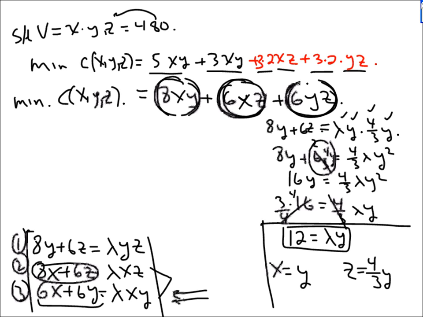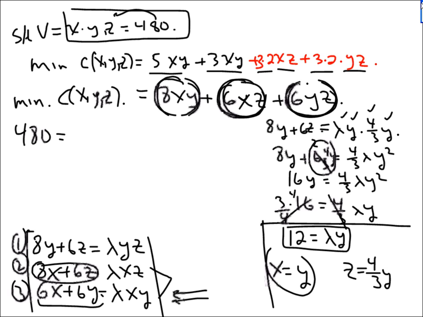Like I said many times, you are absolutely allowed to use your constraint. Now you know that 480 is equal to x, which is, I'm going to say it's y. Remember, x equals y. It's x times y times z. So z is 4/3 y.